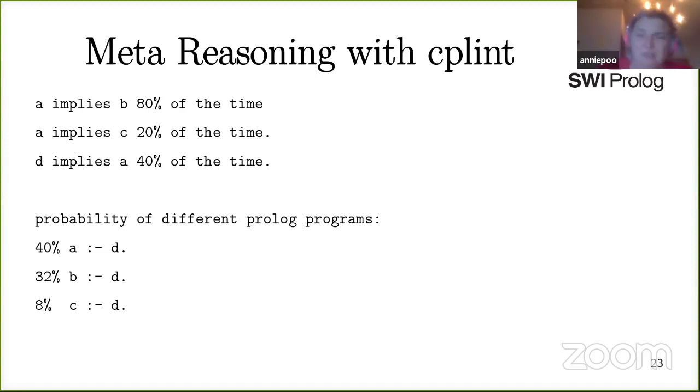So here I've got A implies B at 80%. Then I can combine these probabilities and get net probabilities of three different Prolog programs.